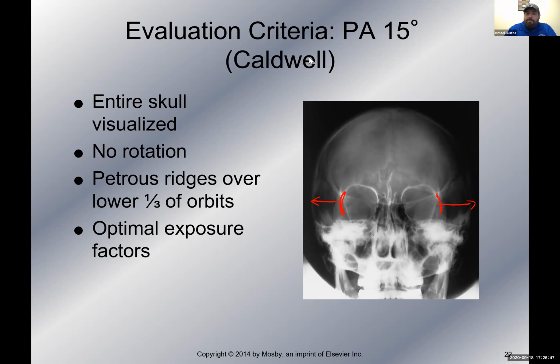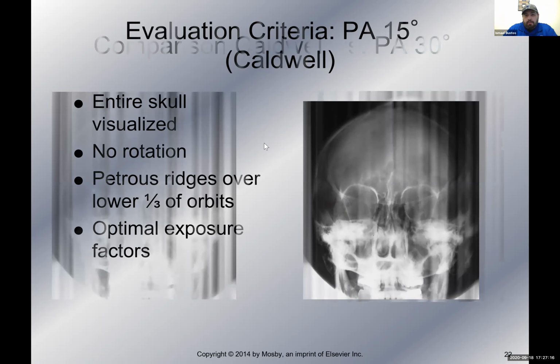Maybe that helps you understand or remember which way they go, but it just takes a lot of going back over it and doing it on your own to see what's going to happen if I increase the extension, increase flexion, increase angle, decrease angle. Because you have to understand how those ridges move inside the orbit, okay? But Caldwell, where should they be? Lower 1/3 of the orbit, okay?